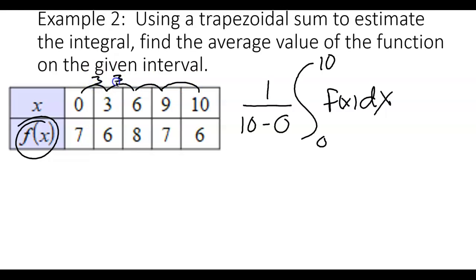3, 3, 3, 1. These are my bases. So my first trapezoid will be these two with that height. So it's going to be 3 over 2 times 7 plus 6. My next trapezoid is going to be these two with that height.